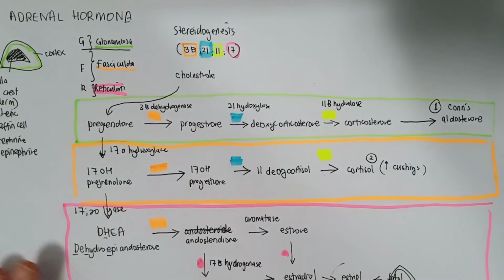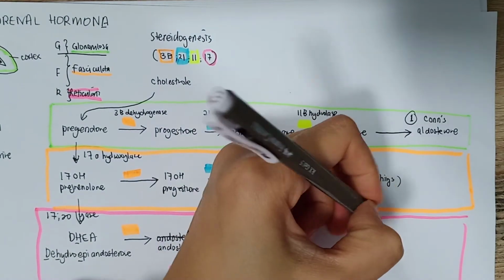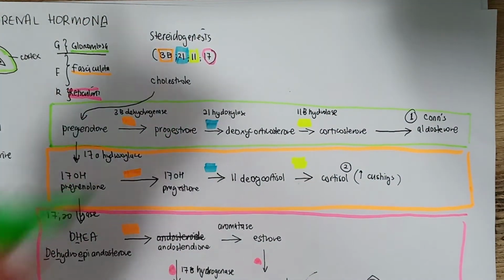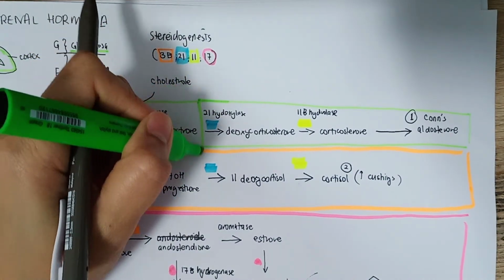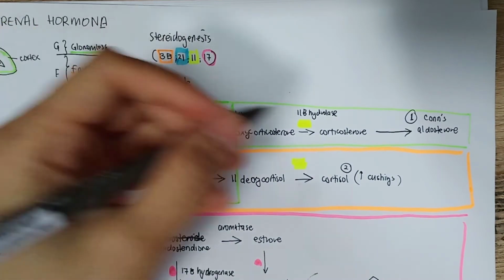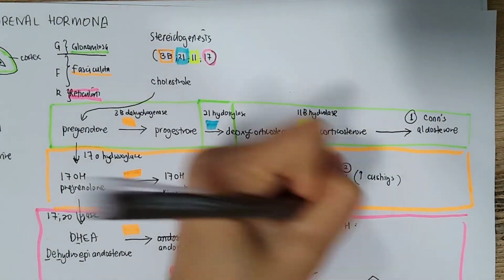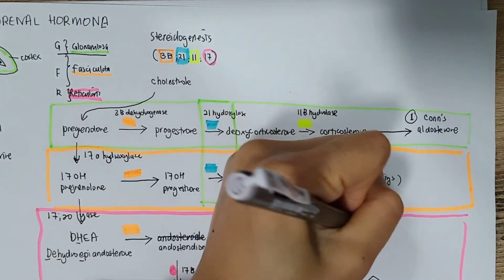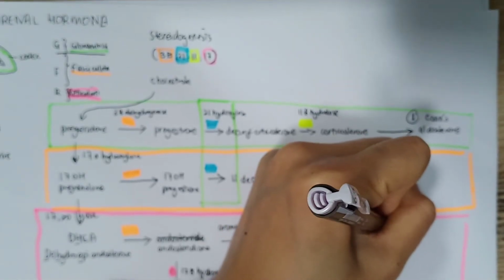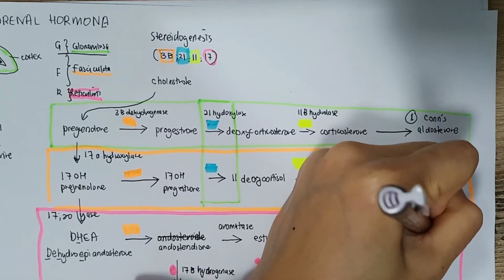And if there is a problem with the 21-hydroxylase, we will have congenital adrenal hyperplasia due to the 21-hydroxylase deficiency.